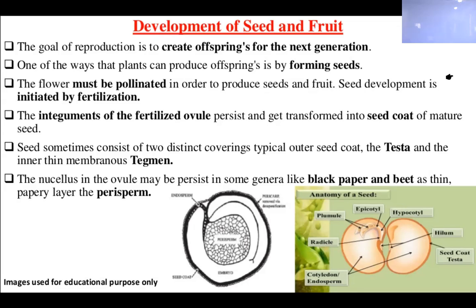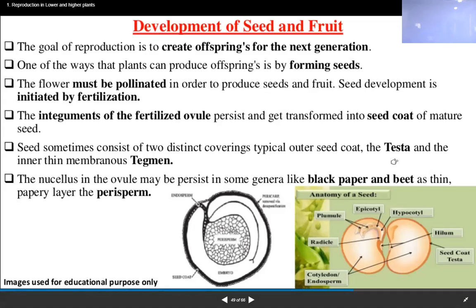Seeds sometimes consist of two distinct coverings, the typical outer seed coat, here you can observe in this diagram, the testa, and the inner thin membranous tegmen. The nucellus of the ovule may persist in some genera like black pepper and beet as a thin papery layer. We call it perisperm. So different coverings you can observe here.